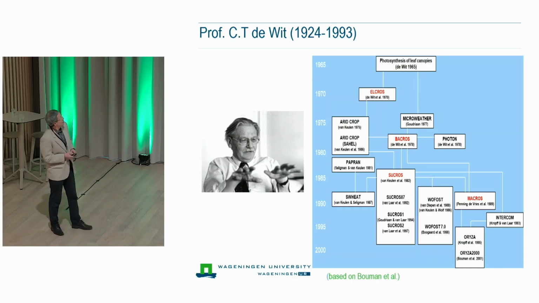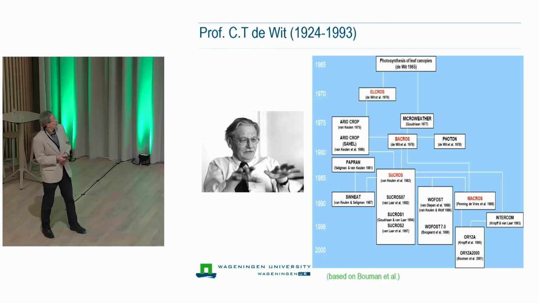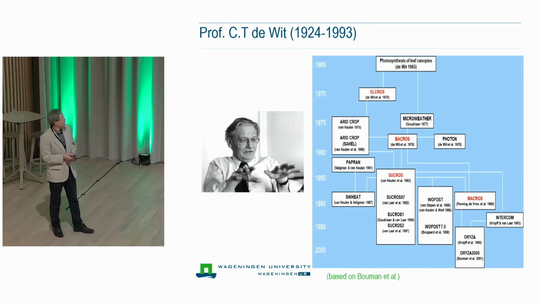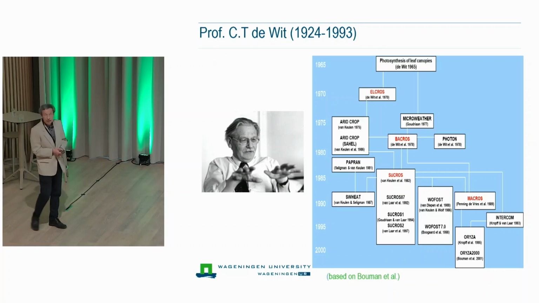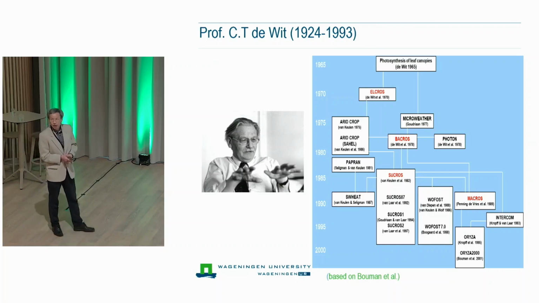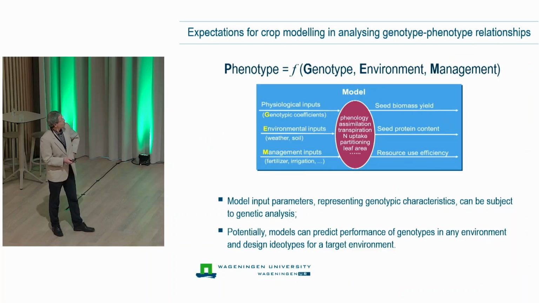You can see a number of crop models, especially those with names ending in "cross", have been developed. Since the early 90s, the SUCROS model has been used more or less as a standard model for different applications of modeling studies.